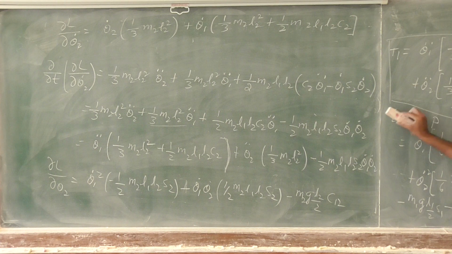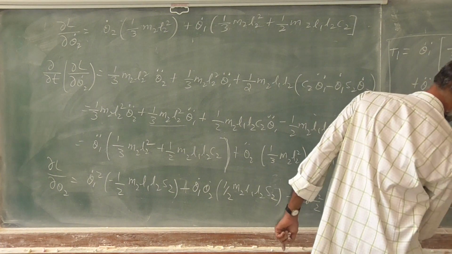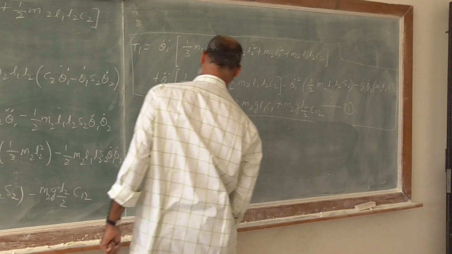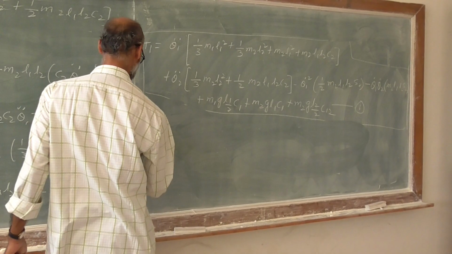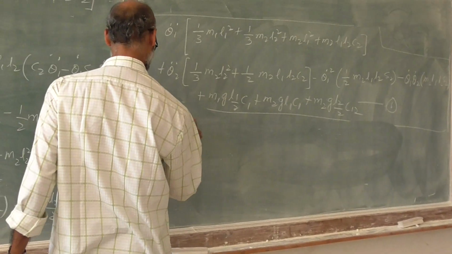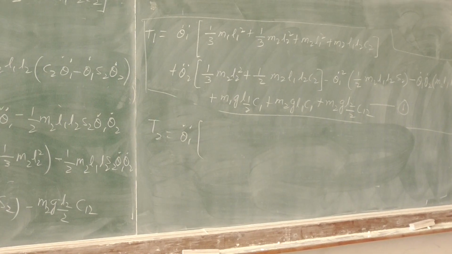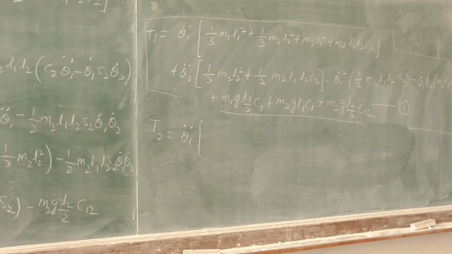So I write it down so that we don't need this one because we are at the end of this solution. So what is this T2 is theta 1 double dot. So we have this equation minus this equation will be the final answer.